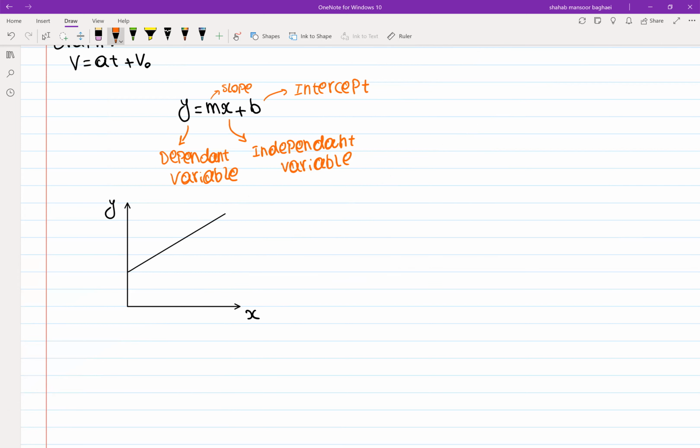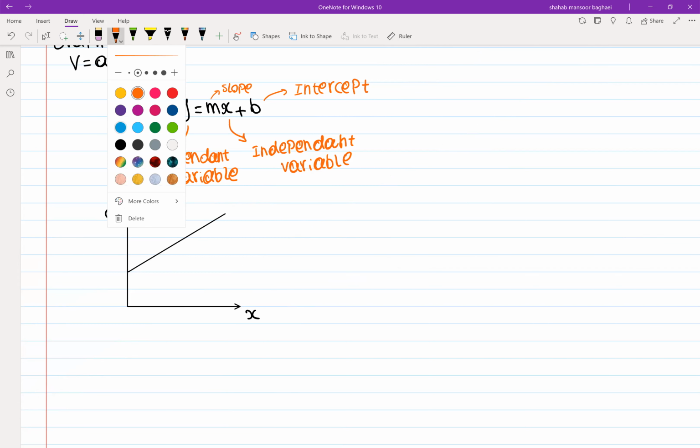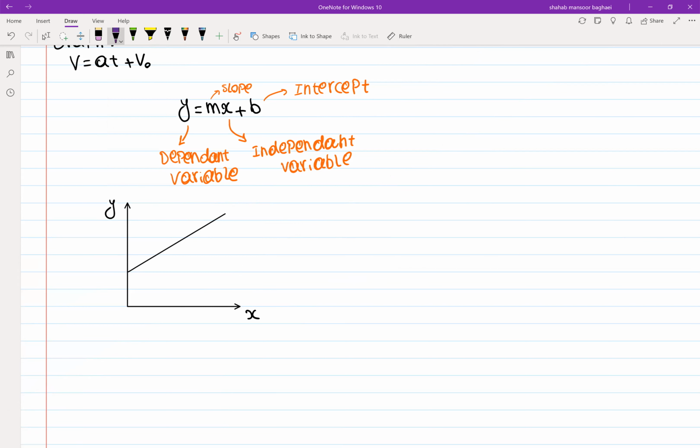Therefore, the equation is y equal to mx plus b. According to this definition, b is the intercept. It is here. This is b.